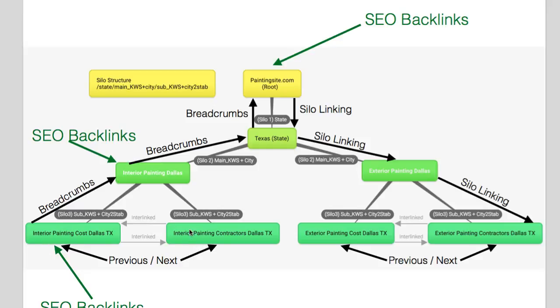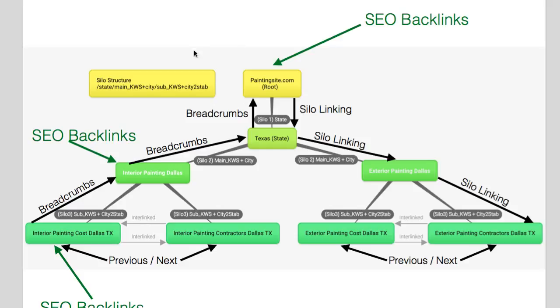It's a little cut off here, but you guys get the picture. Same thing if I have my SEO backlinks right here on my sub-keyword pages. It's all linked back via breadcrumbs. So it's going back here to my city silo index pages, back here to my state silo index page, and then all the way back to my root.